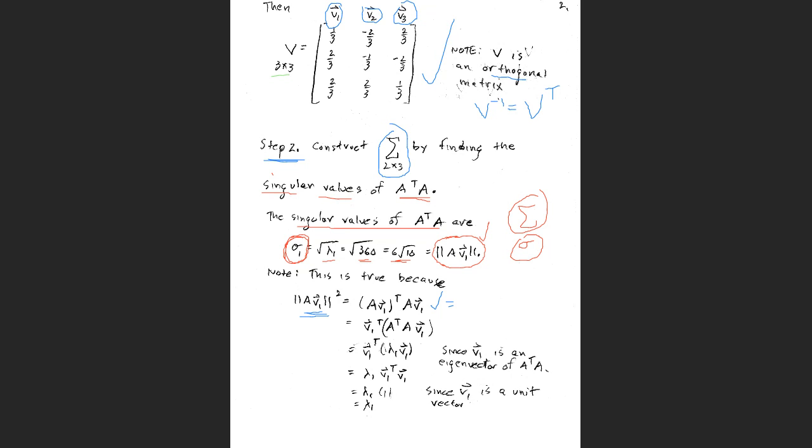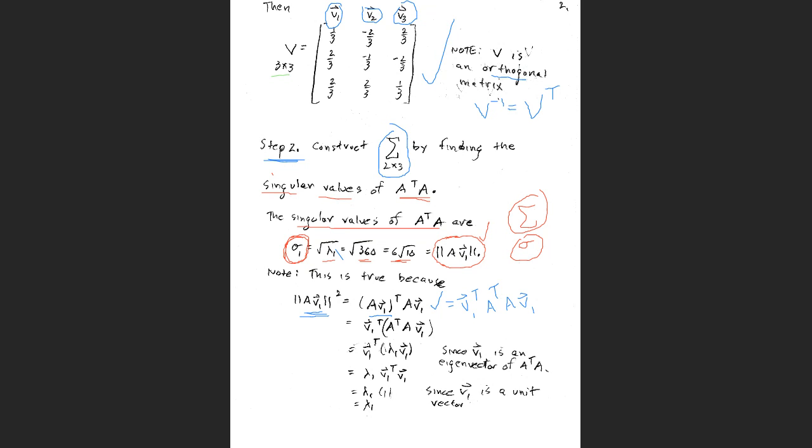This would equal V1 transpose times A transpose, because (A V1) transpose is just the product of the transposes in reverse order. And then you have times A times V1.